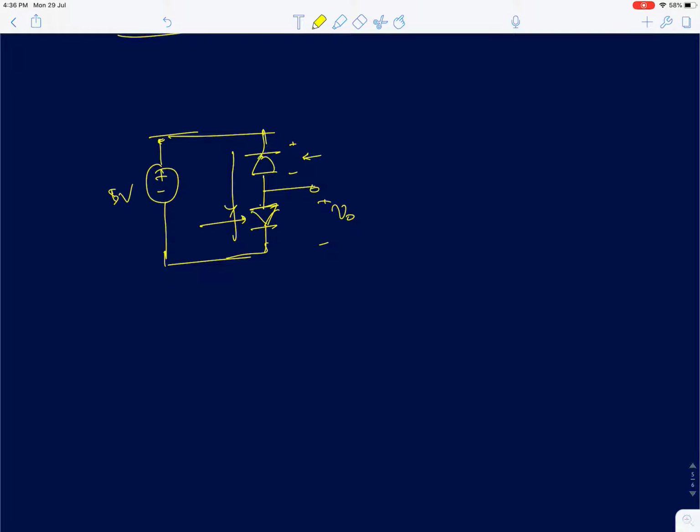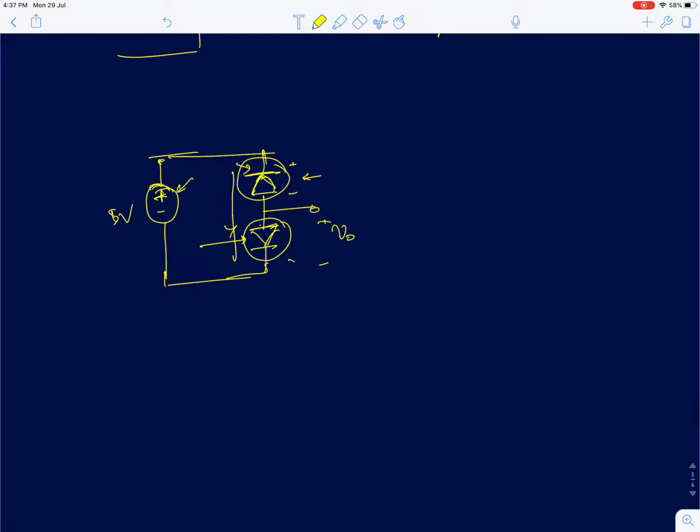Okay. Now we can see that the negative terminal of the diode, or the cathode of the diode, is actually connected to a positive voltage, so this diode has to be reverse biased and this has to be forward biased. Now we know that when the diode is forward biased, the voltage drop across it is going to be very less, because the current has an exponential relationship with voltage, so the voltage drop is going to be very less.